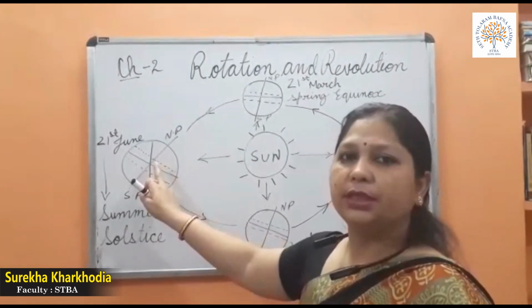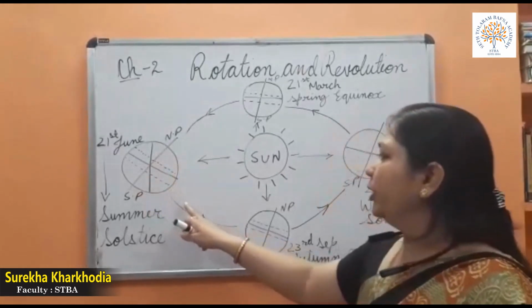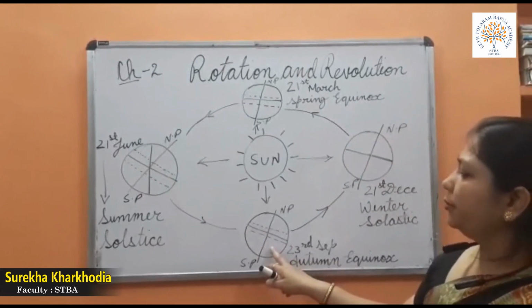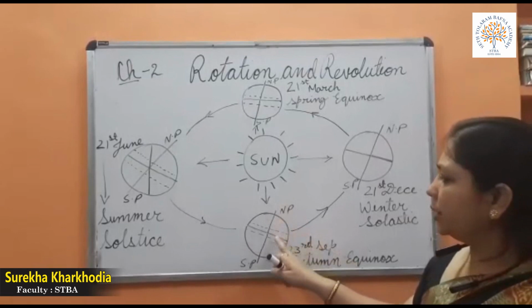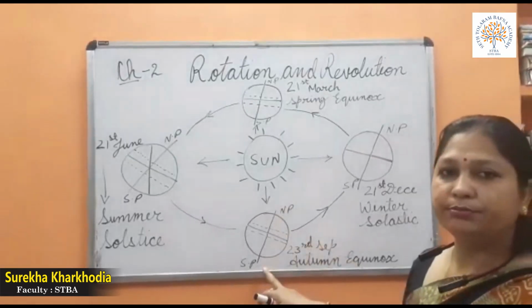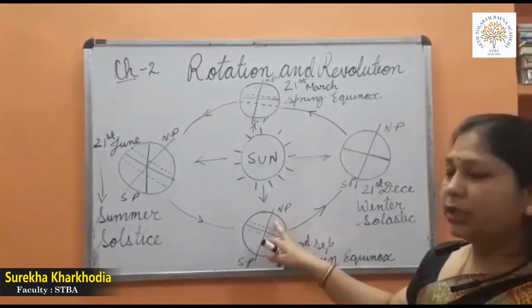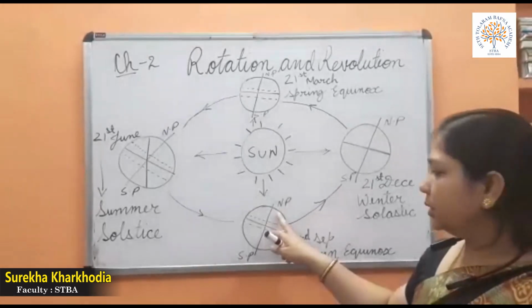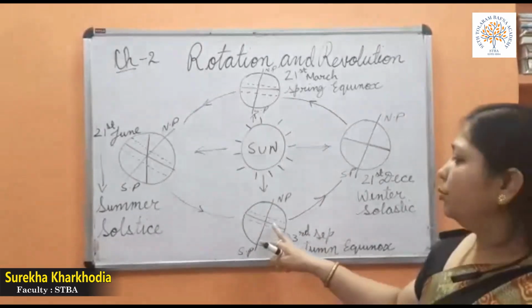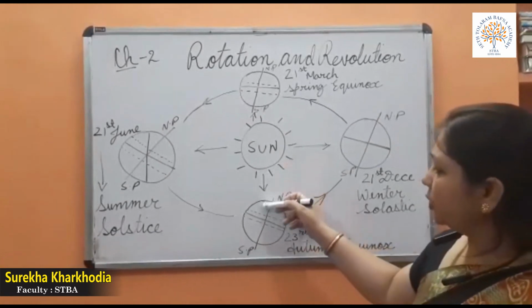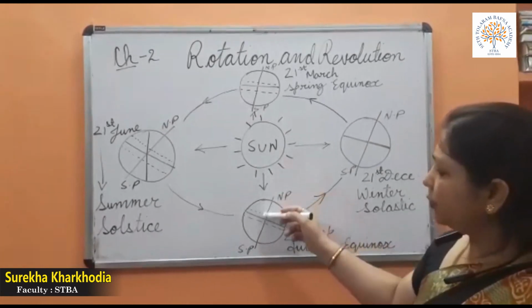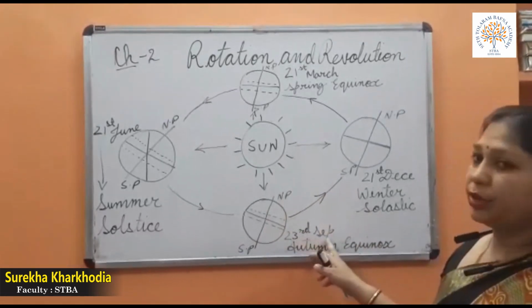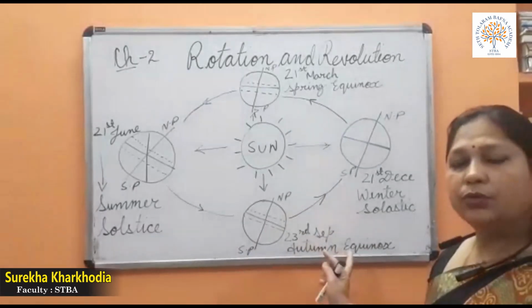Now when the earth is moving and again changing the position, you can see again the North Pole is towards the sun and South Pole is at the bottom. Here the northern hemisphere is again facing the hot season, that is summer season, and here the winter season. But here we can see the difference that on equator the rays are falling directly, so on 23rd September it is known as autumn equinox.